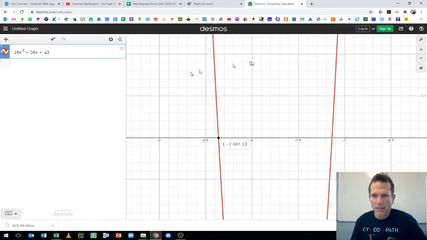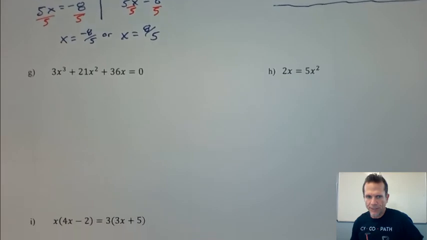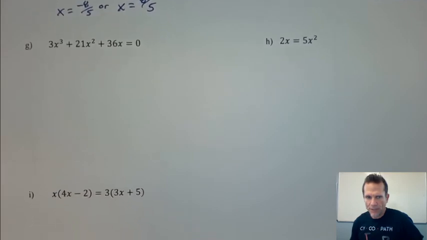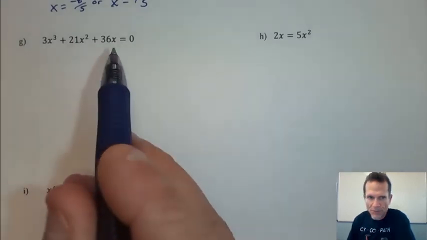Okay, so let's try to wrap up these last three here and see if we can get them done in this video. So this first one here, I spot that there's a GCF, so I'm going to factor out a 3x.